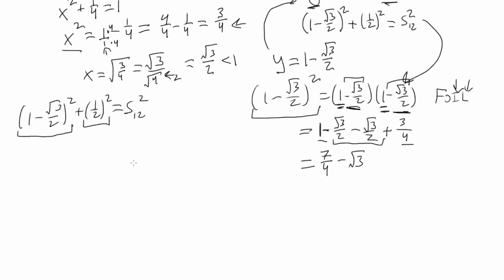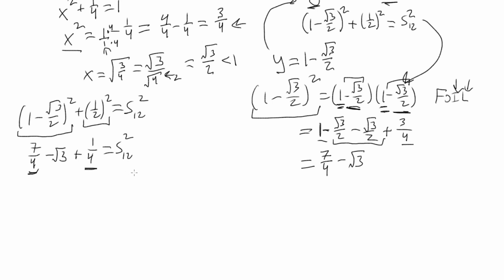I'm going to simplify that a little bit. And hopefully it turns into something nice. So this we found was 7 over 4 minus square root of 3. And then we get plus the square of 1/2. Well, that's 1 over 4. We get S12 squared. Now let's add these two fractions together.